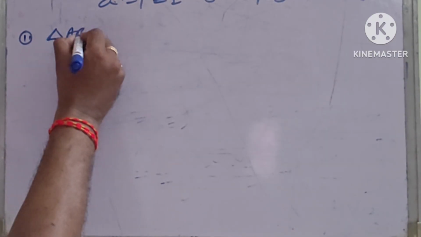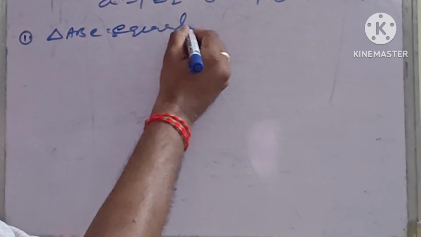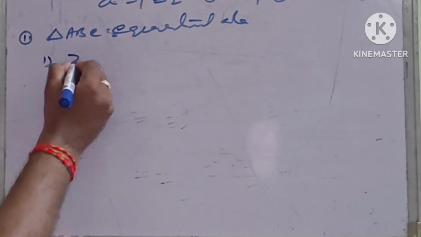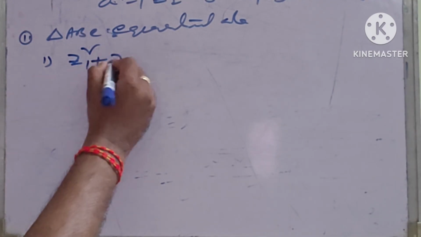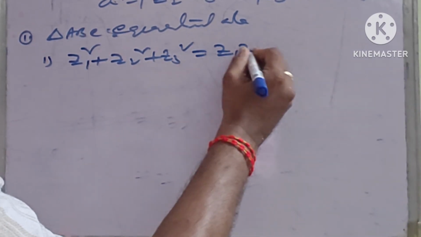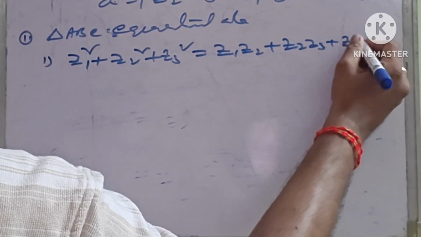Now, for an equilateral triangle ABC, the condition is z1 square plus z2 square plus z3 square is equal to z1 z2 plus z2 z3 plus z3 z1.